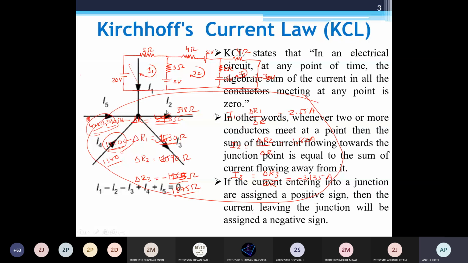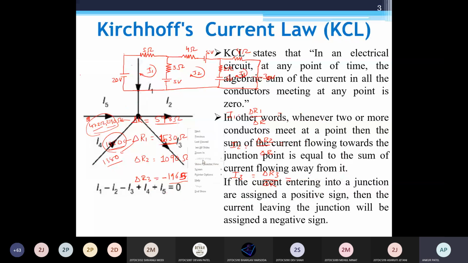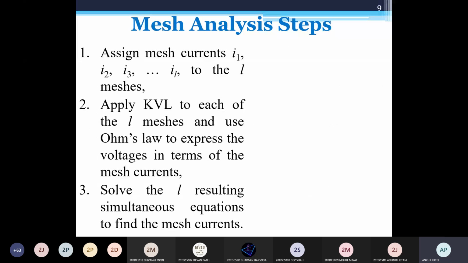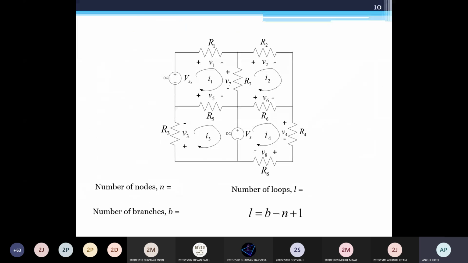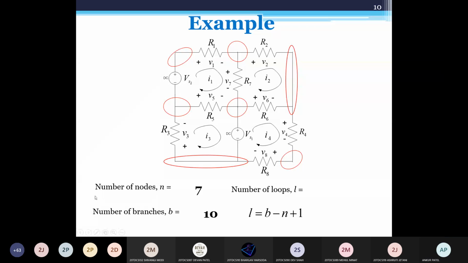Okay, just I am erasing this. So in nodal analysis, we will find node voltage. So in that we will apply KCL.